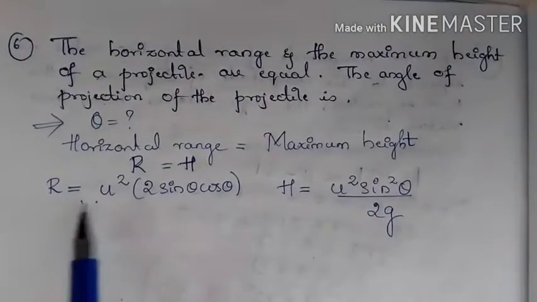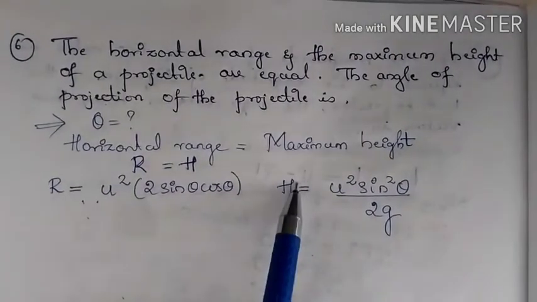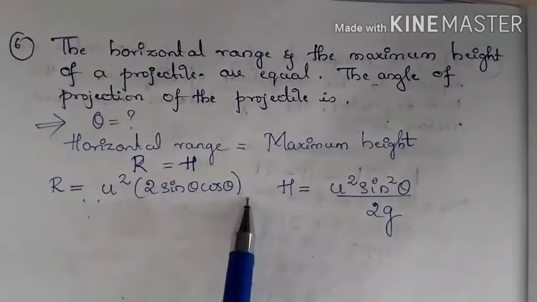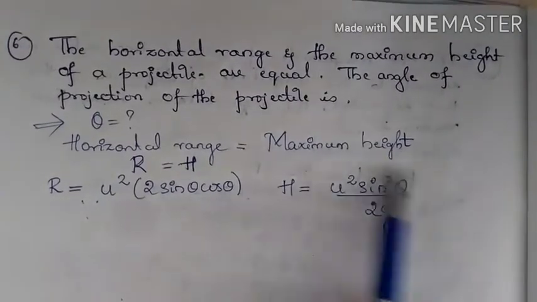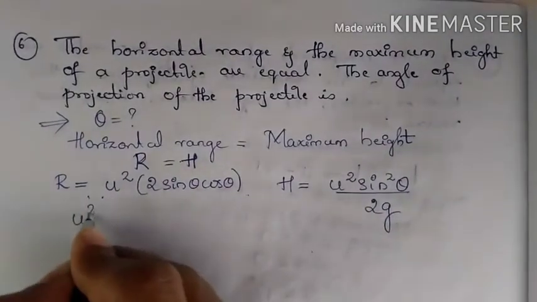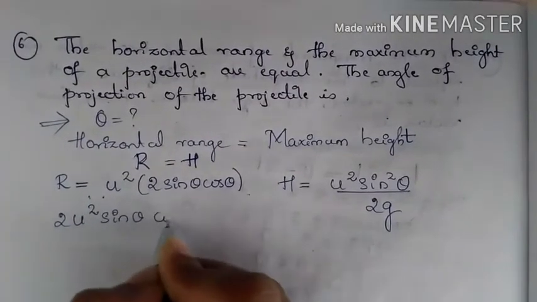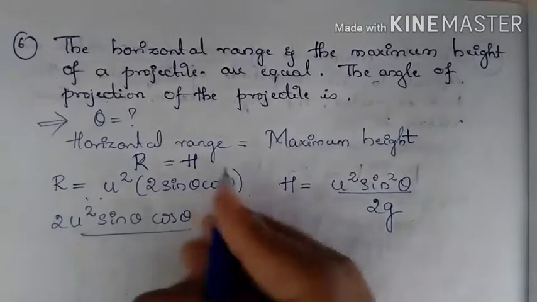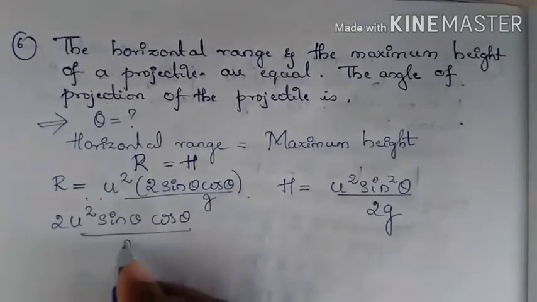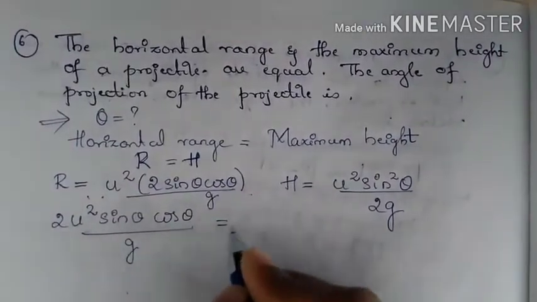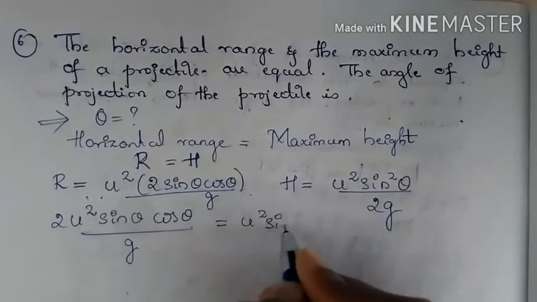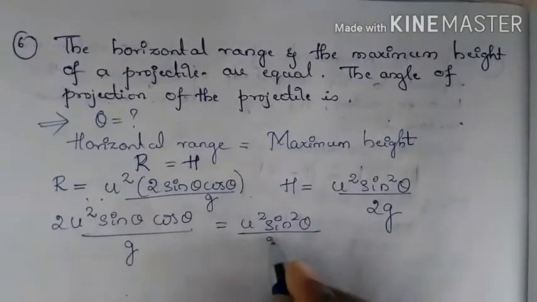Now what he has said, R is equal to H. That means you should equate this equation with this equation. So 2u square sine theta cos theta divided by g is equal to u square sine square theta divided by 2g.